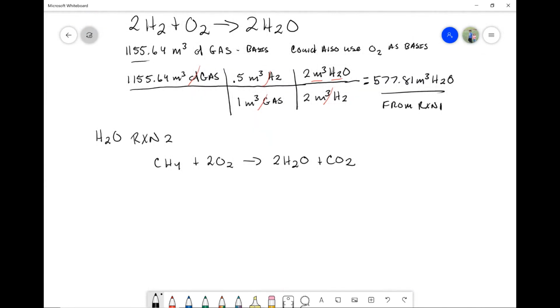Okay. Again, the same basis. And you could have also used your calculated O2, but then sometimes you might make a mistake and use the wrong one. 1155.64 cubic meters of gas.